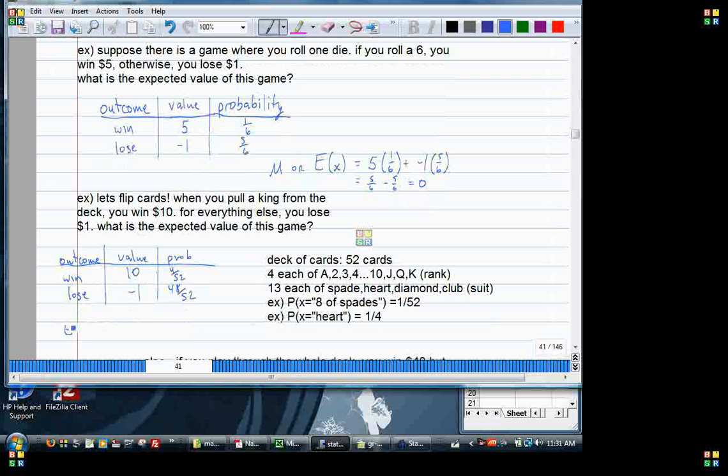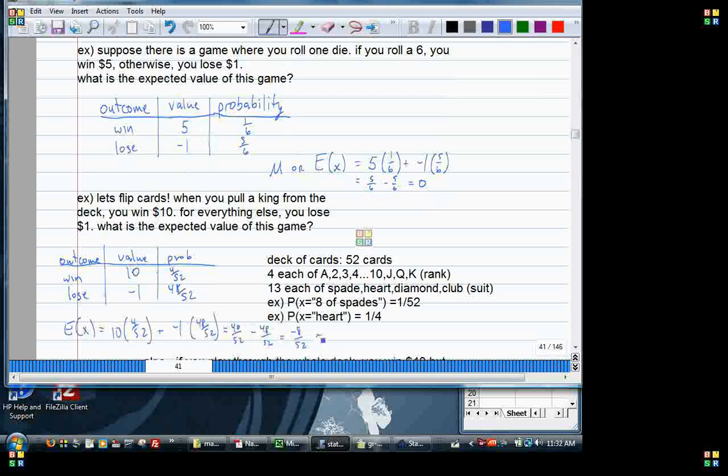How do we do that? Right. What do we multiply? Okay. So you work that out and you get 40 over 52 minus 48 over 52, which gives you -8 over 52.